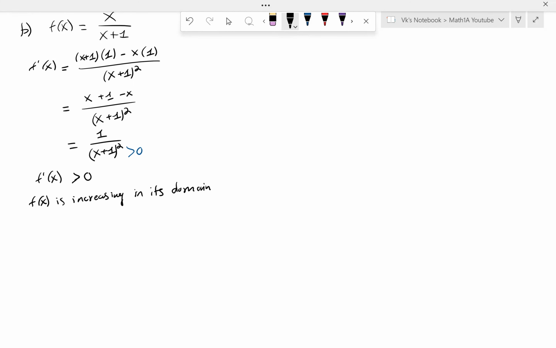meaning that the function is increasing in its domain. We just have to figure out the domain here. The domain of a rational function is all numbers for which the function is defined. Now you can see f(x) is not defined at x equal negative 1 because we cannot divide by 0.